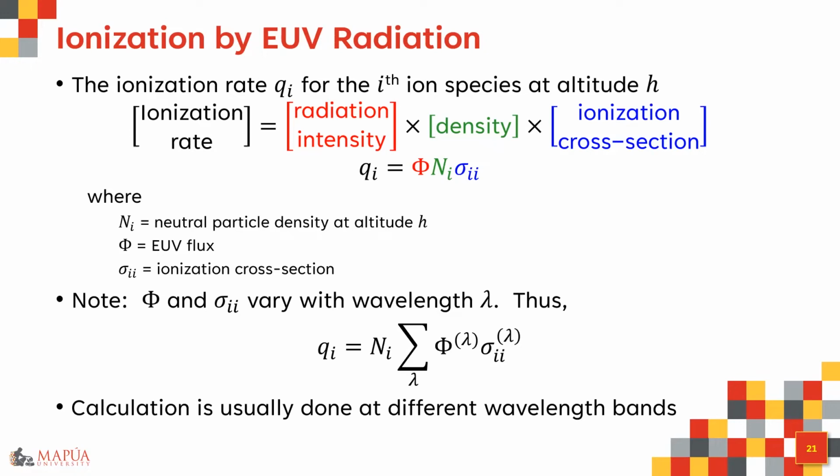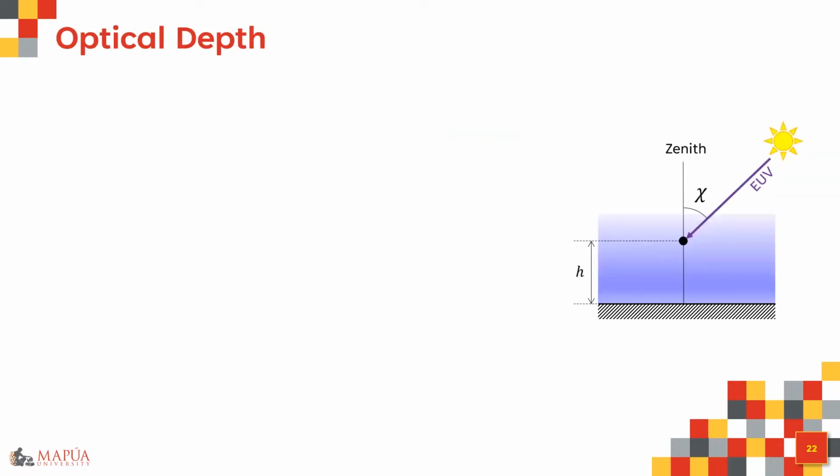To simplify the calculations. Okay. So one important thing that we should be familiar with is the concept of optical depth. As the name suggests, this is the depth or thickness. Sometimes we call this optical thickness, so how thick a material is optically.